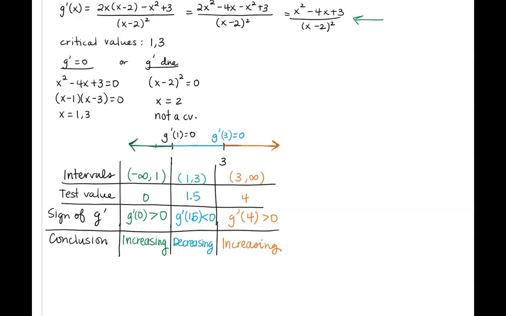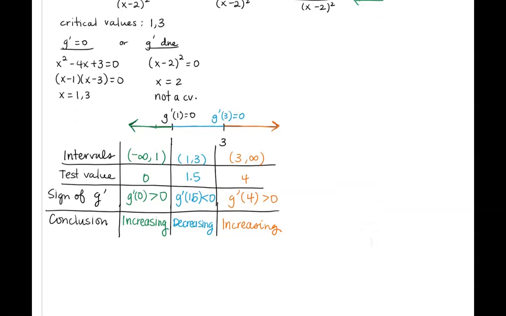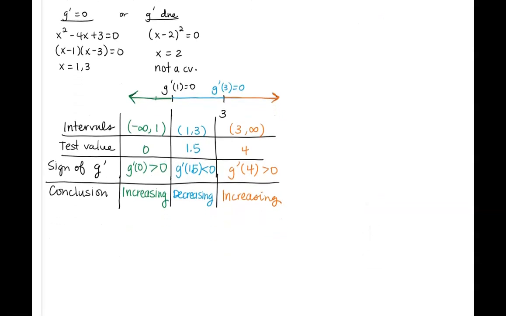Now that we know the signs of the derivative, we are able to make conclusions about where we have a relative maximum and where we have a relative minimum, if any. Where the derivative changes from positive to negative, we will have a relative maximum.